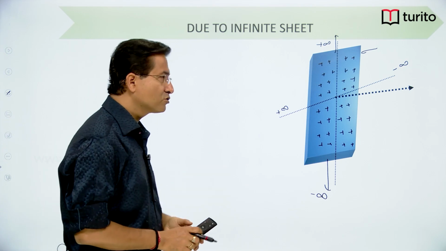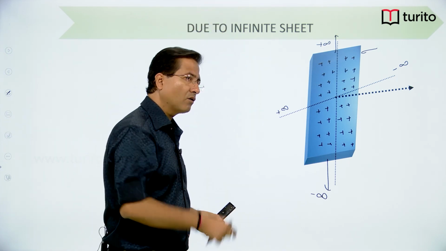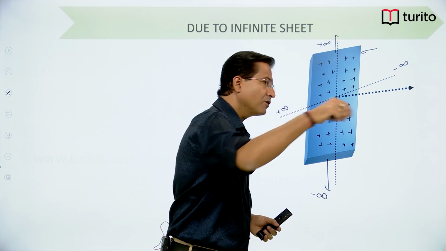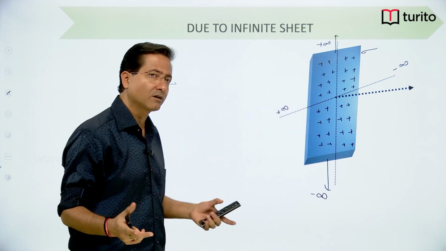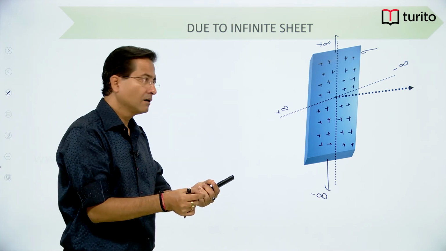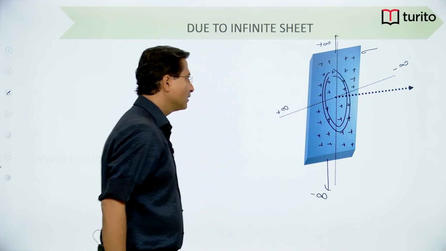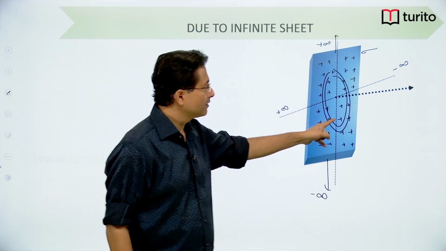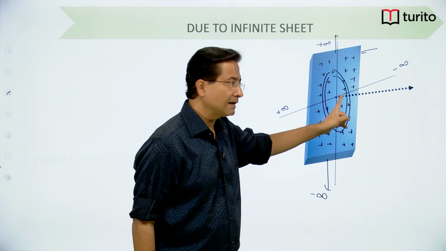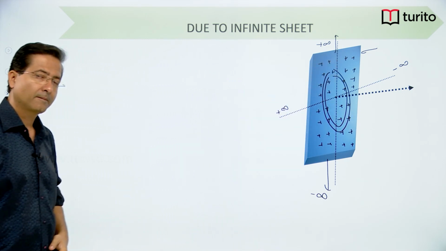Now, I want to find the result for this one. I can assume this to be made up of infinite straight wires, where all the wires are creating field at this particular point. I will add the contributions and get the total field. Or else I can take the ring, because I know the result for a ring and I just need to integrate from 0 to infinity, right.